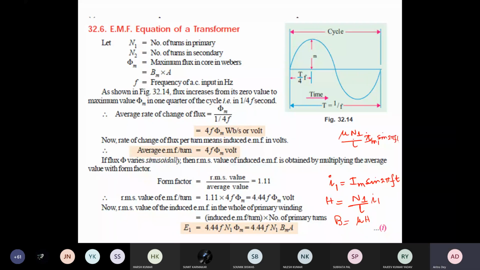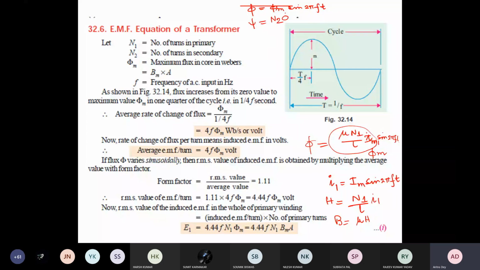And then this is your phi. The whole thing is your phi m. So we can write phi equal to phi m sine 2 pi f t. If you get your phi like this, then what is your psi? Psi is linked with the coil N2.